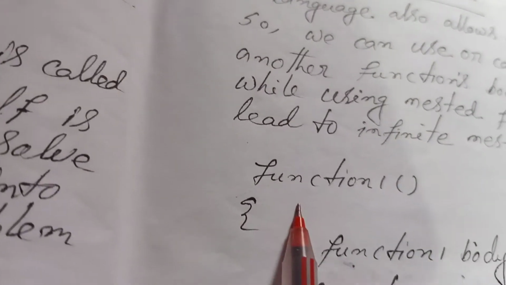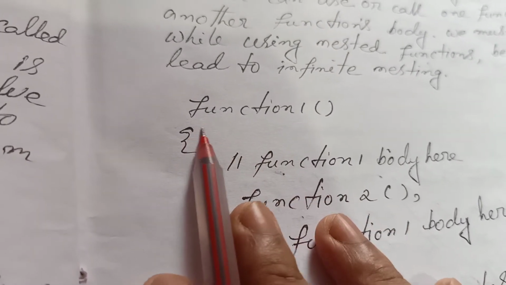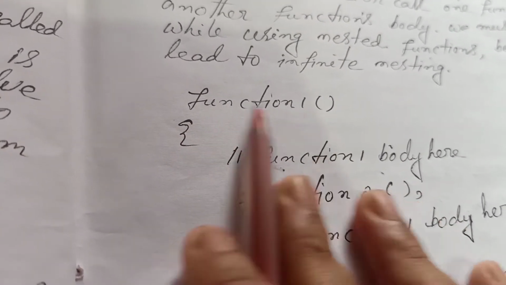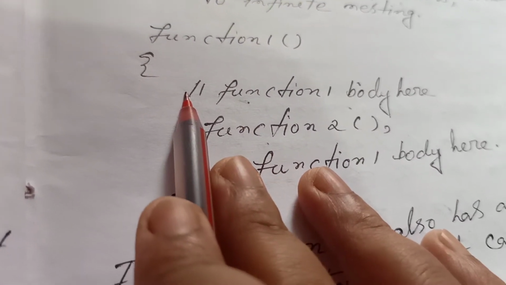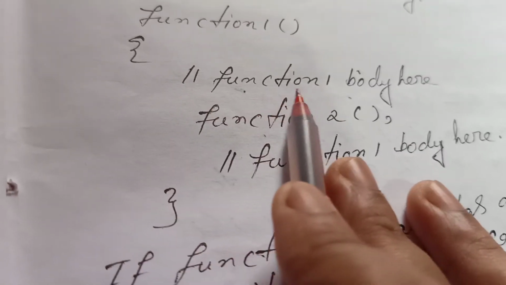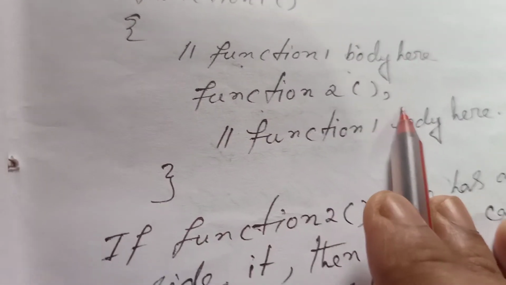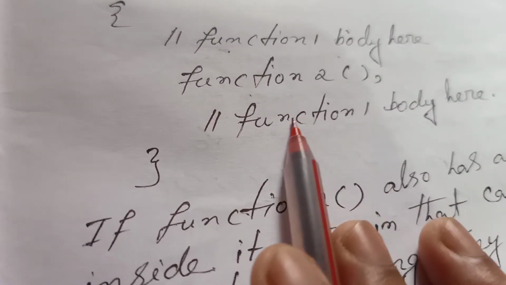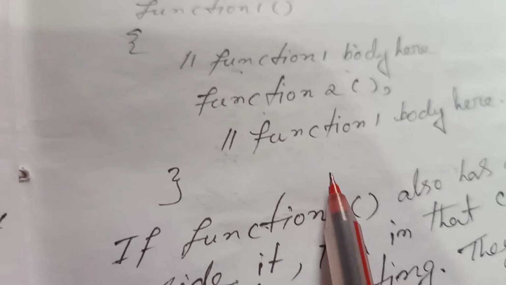So let's take an example of infinite function or nesting function. Function 1 is a user defined function. Within this function 1 body is declared, and then function 2 is declared.